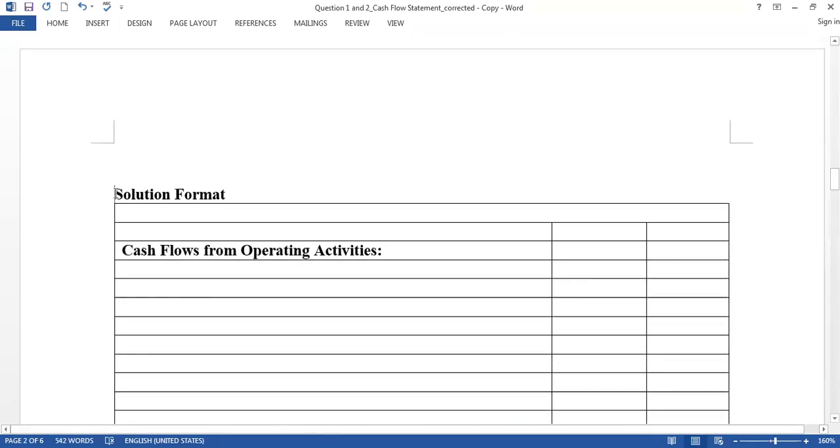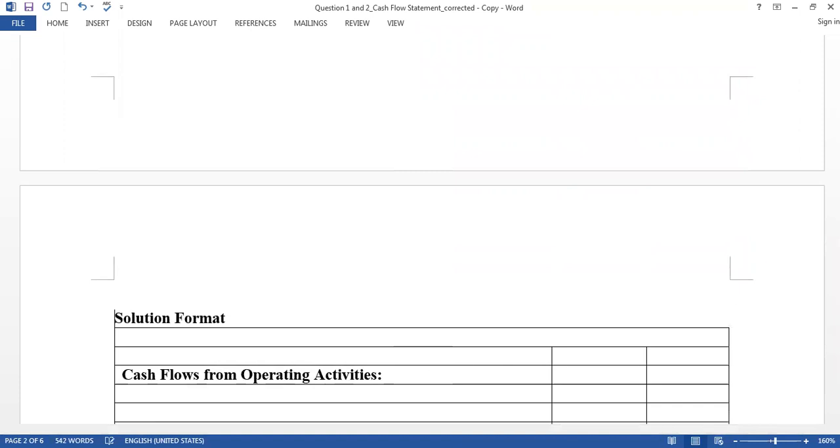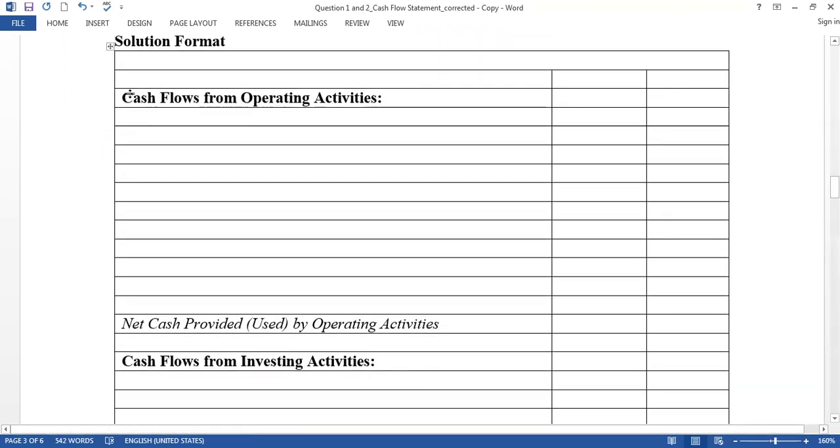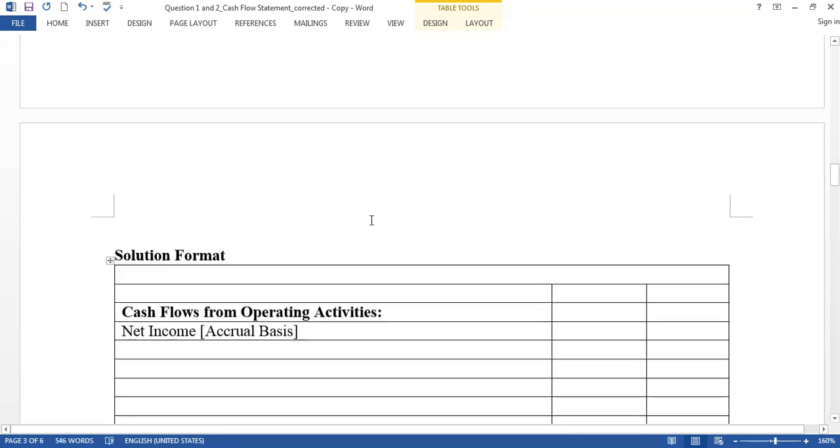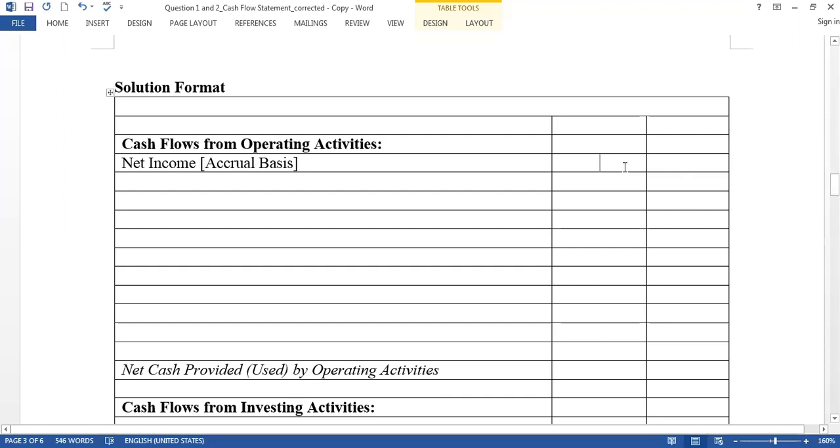And this is the solution format. The first section is cash flows from operating activities. It starts with net income, accrual basis. We start with accrual basis, and the question gives you this information: 72,500.